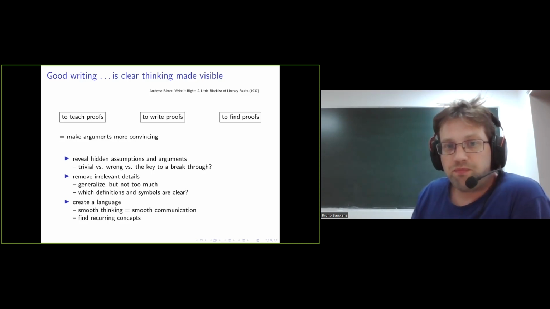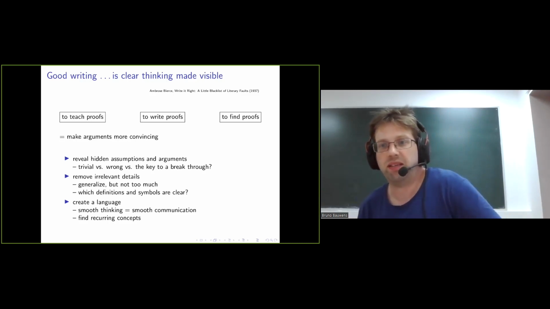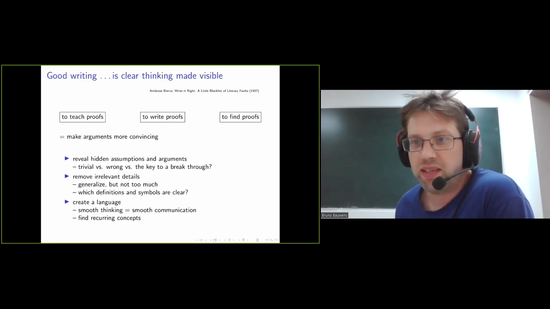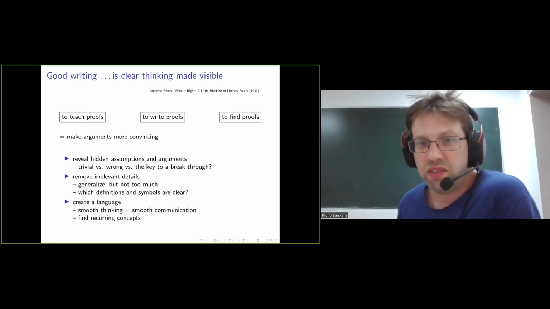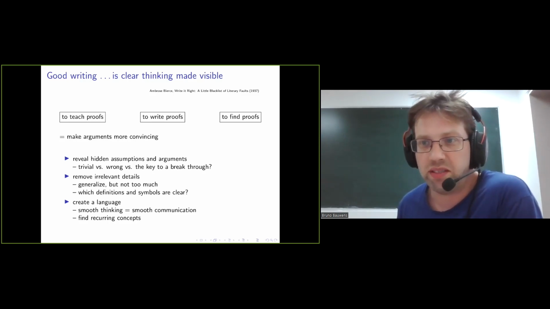First is the dangerous word obvious in mathematics. Whenever you want to write obvious, you need to be extremely careful, because you want to write obvious when you are not conscious about the reason why some reasoning step is true.